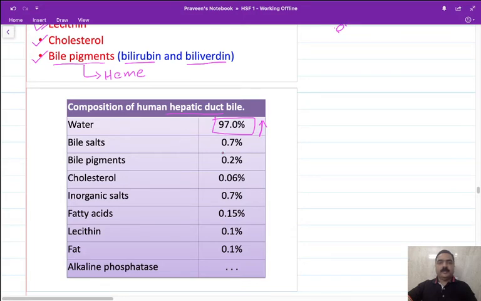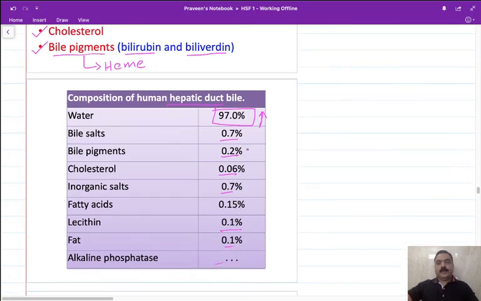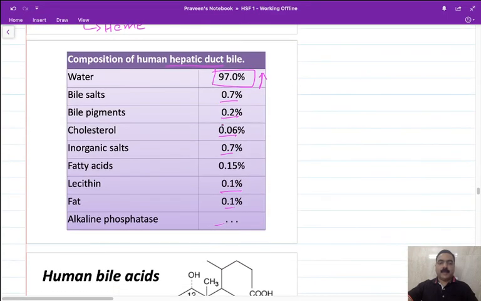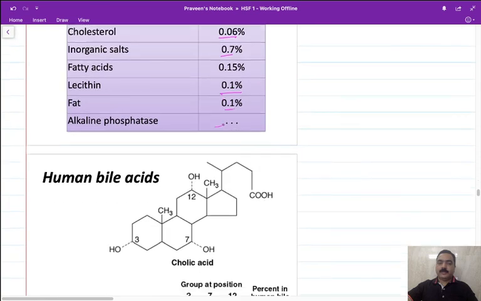The bile salts, bile pigments, cholesterol, other inorganic salts, lecithin importantly, and alkaline phosphatase are all there. The main thing to remember is that the hepatic duct bile has a very high quantity of water. We will discuss what happens in the gallbladder.